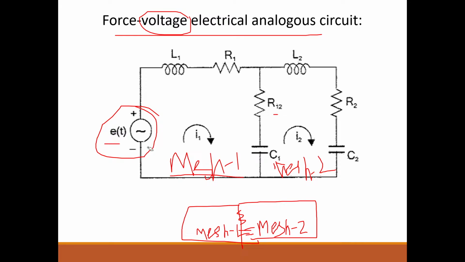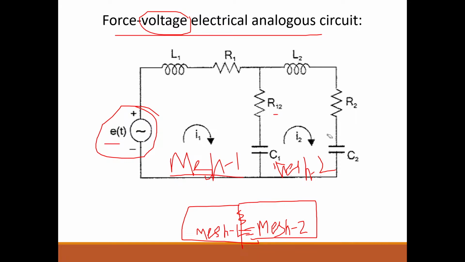Now, the applied force was not there in mesh 2, so forget about it. What were the opposing forces at mesh 2? The opposing forces were M2, B2 and K2.